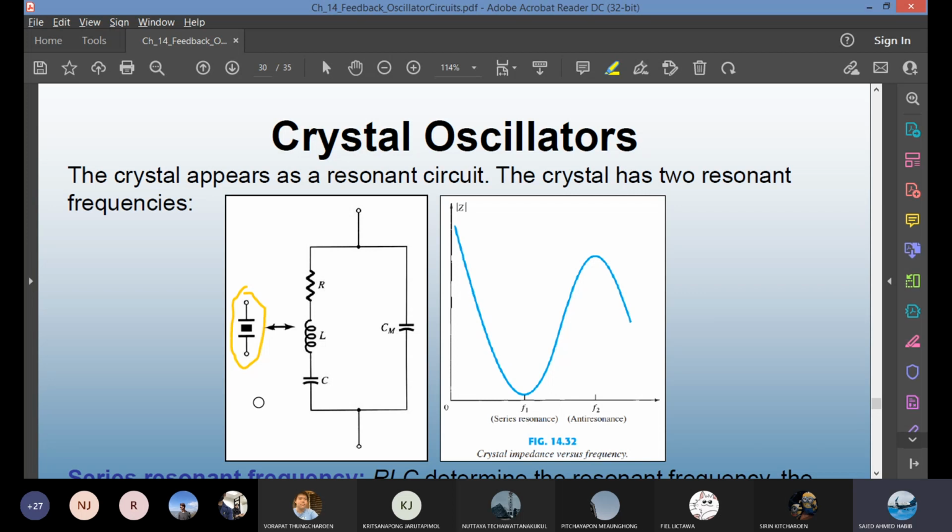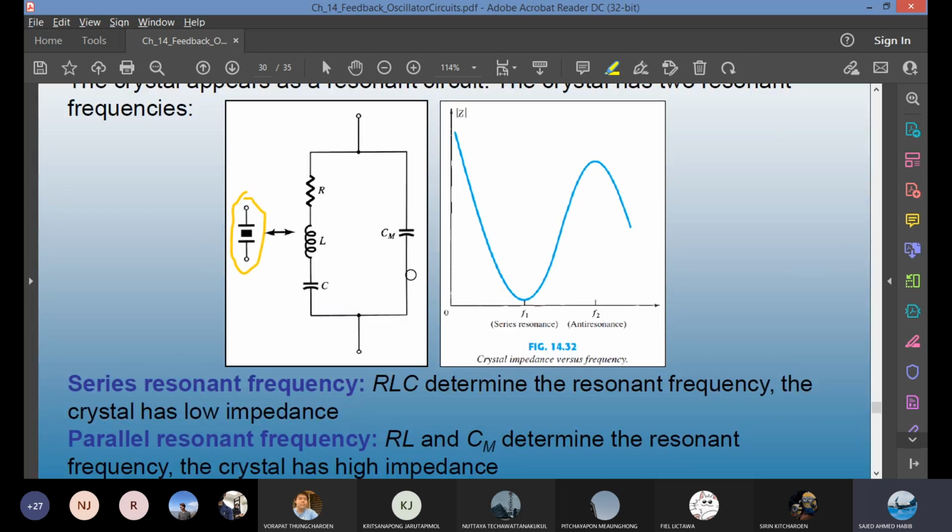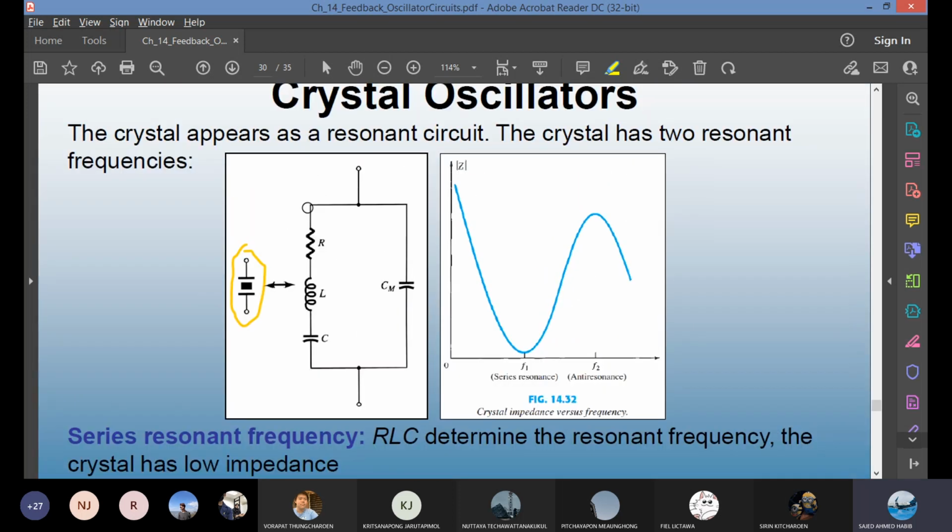They produce a proportional voltage which has some relationship to the applied pressure. You just add pressure and then it will output the voltage. This crystal is a piezoelectric crystal. This one is working as a tank circuit. In a crystal oscillator, it can actually work as both a series and parallel resonance circuit.